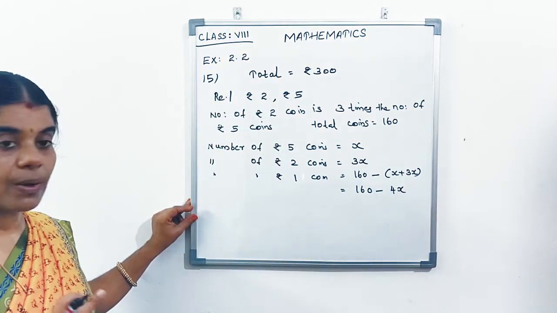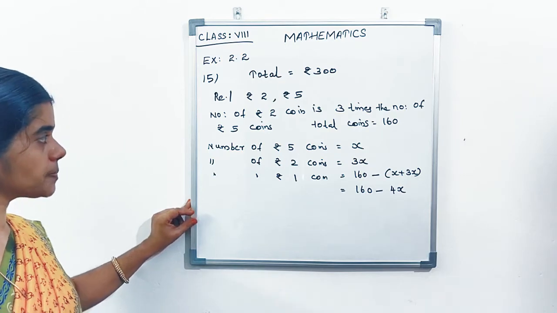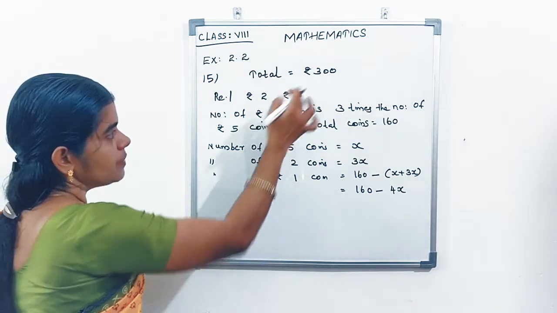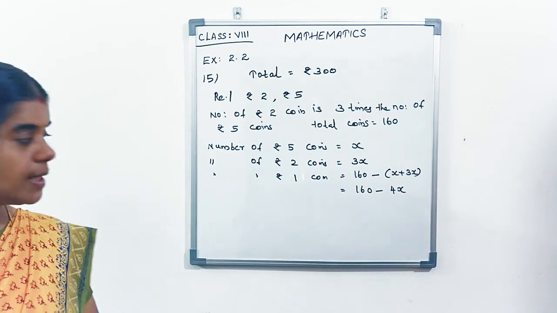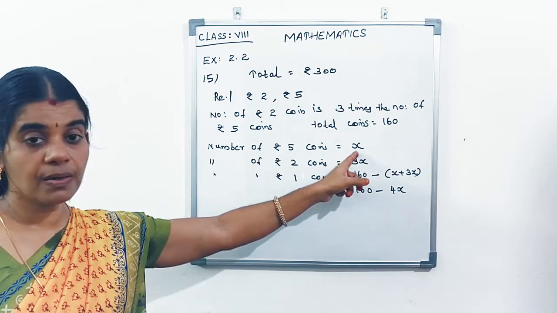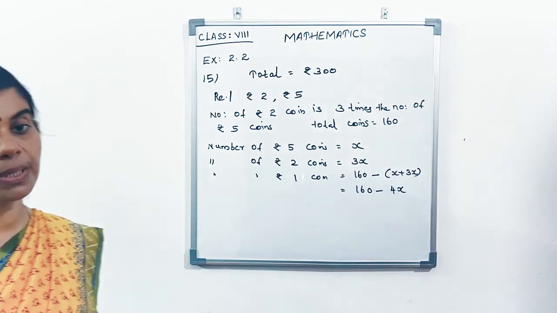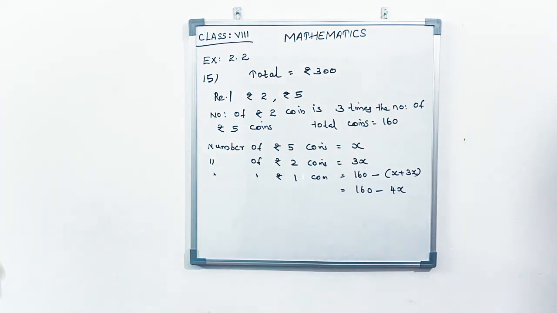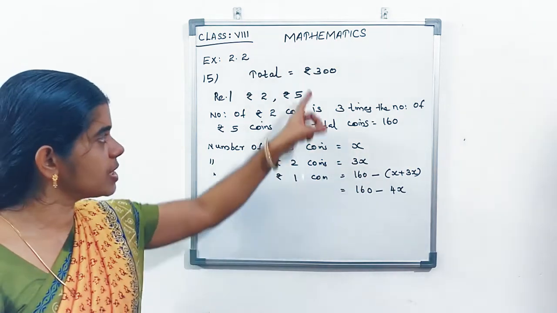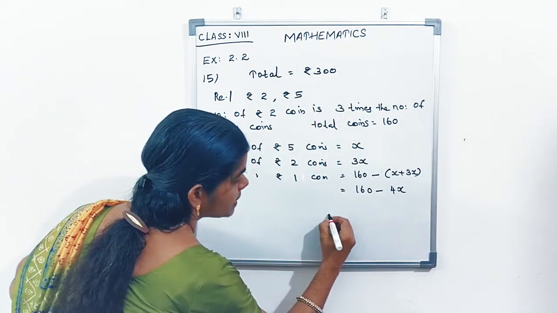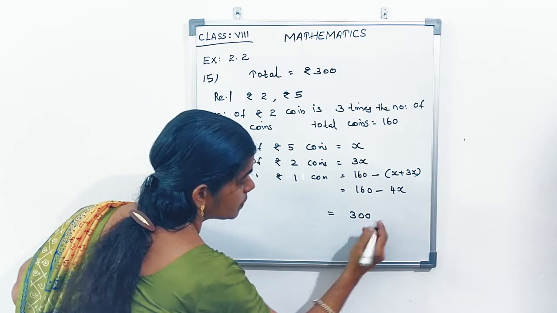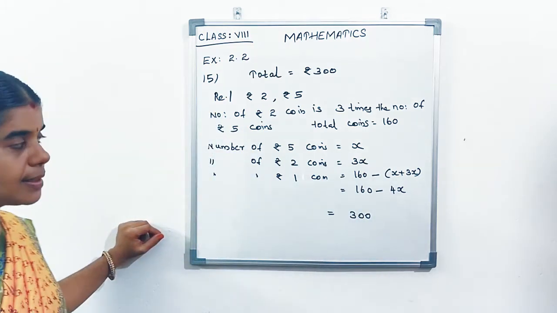Now you have the number of all the coins. Next, we want to form an equation and find the value of X. For forming the equation, we use the 300 rupees. How do we get this 300?